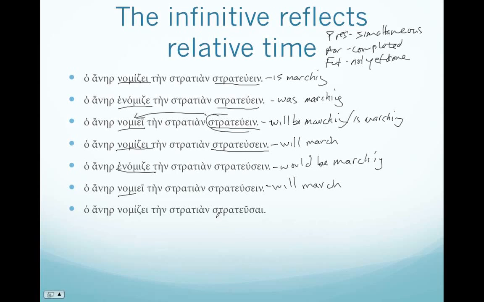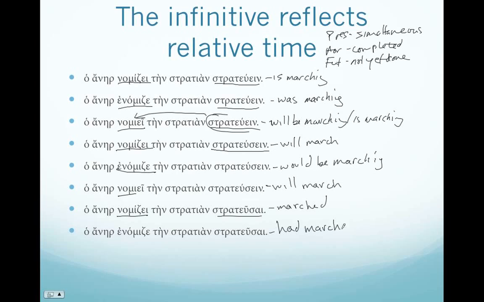Now if we use an aorist, so present tense main verb but an aorist infinitive, the man thinks that the army marched. The man was thinking that the army had marched.